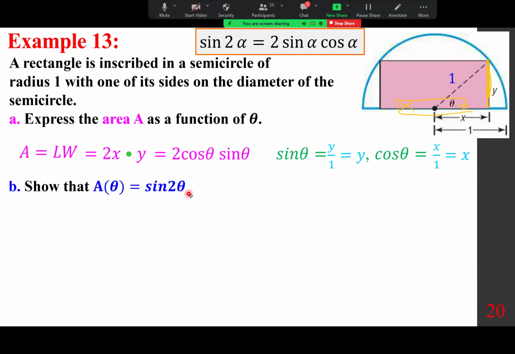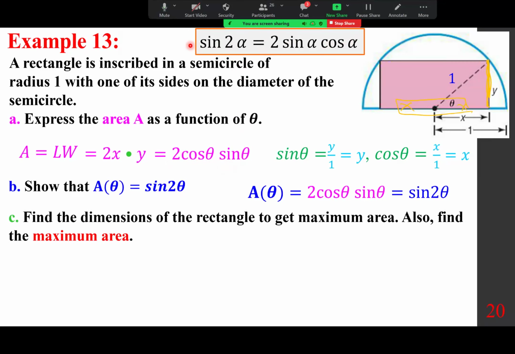Show that A of theta is sine 2 theta. Well, this is the definition, actually. We proved the double angle. 2 cosine theta, sine theta is sine of 2 theta, just based on this formula. Find the dimensions of the rectangle to get maximum area, also find the maximum area.